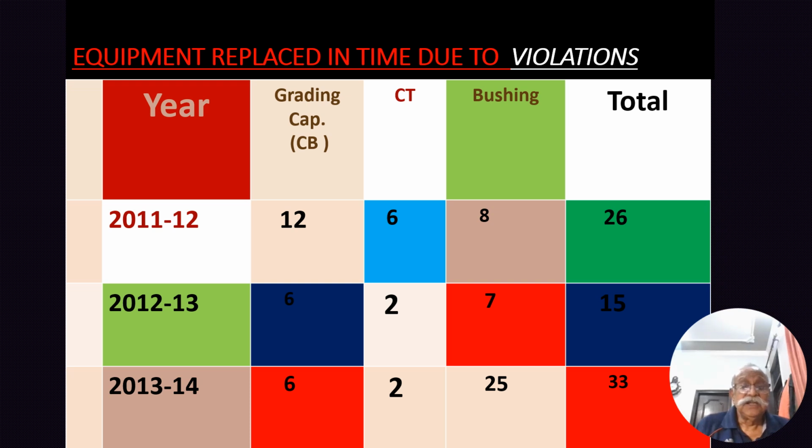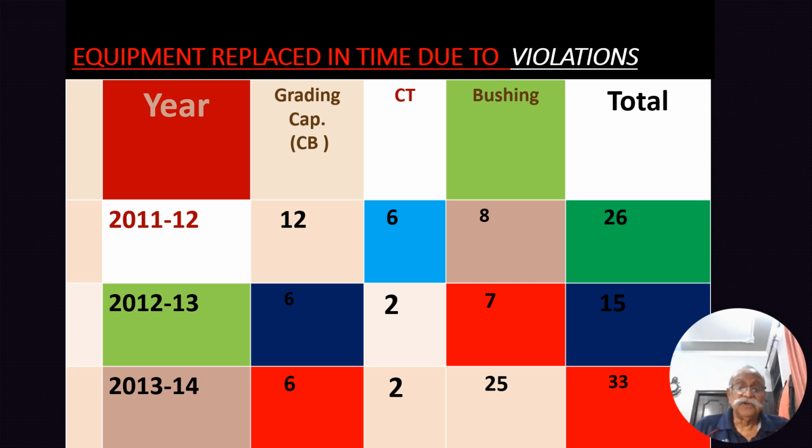Equipment has been replaced in time due to violations. See, this is a track record which I have: during the year I replaced 12 grading capacitors. In 2013 I also replaced so many. In 13-14 there were 6, because awareness has increased during this period.